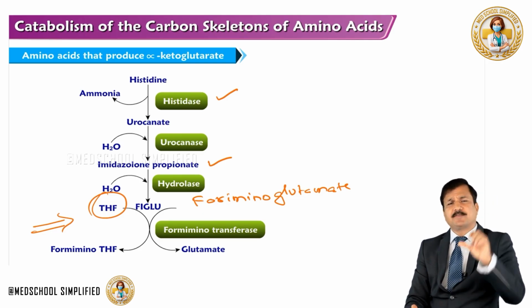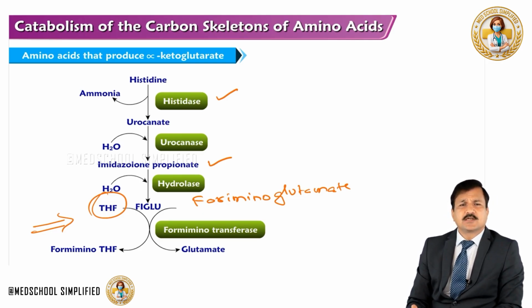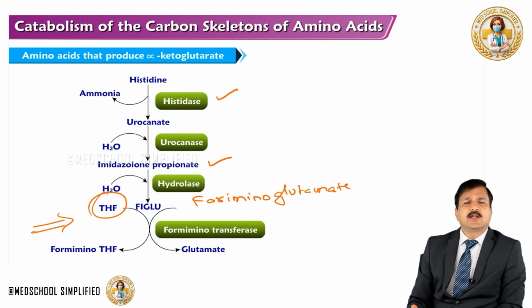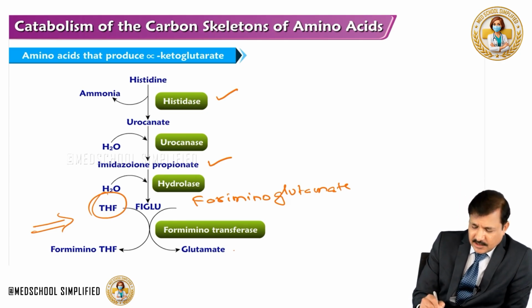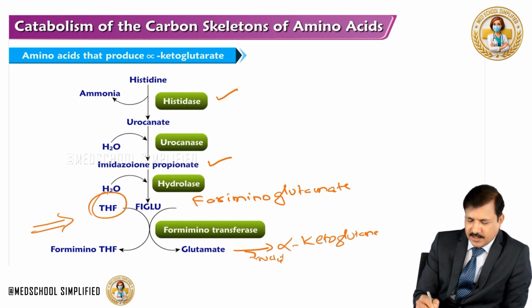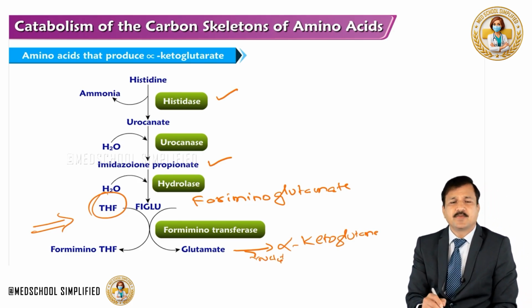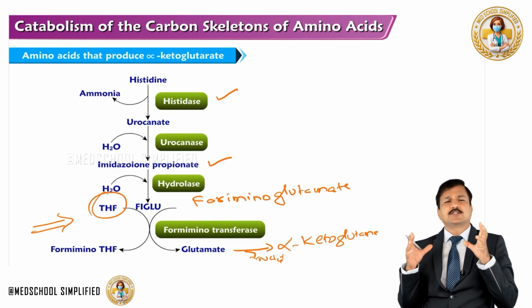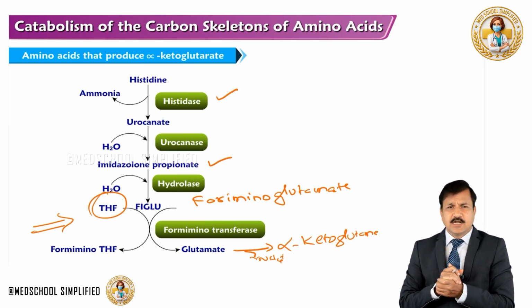This is the last step in histidine catabolism, where histidine ultimately gives its carbon as glutamate, and this glutamate can go towards alpha-ketoglutarate formation. Glutamate can be converted into alpha-ketoglutarate by the glutamate dehydrogenase enzyme. So that's how histidine can make alpha-ketoglutarate. That's our purpose for this lecture.